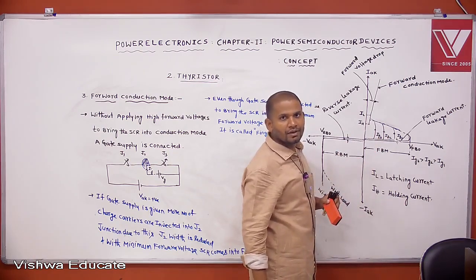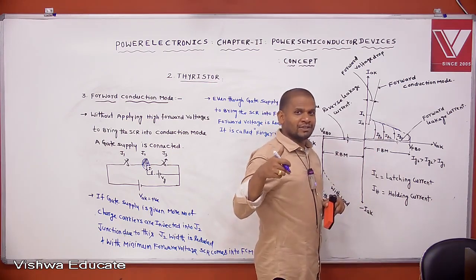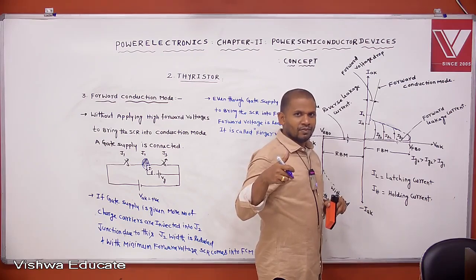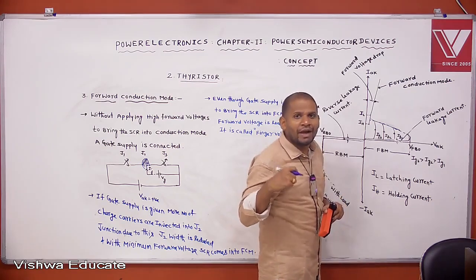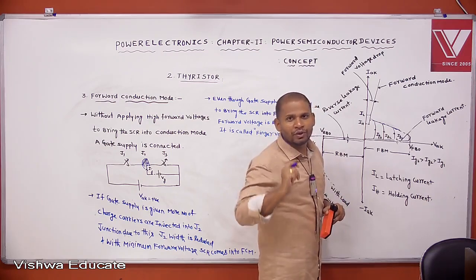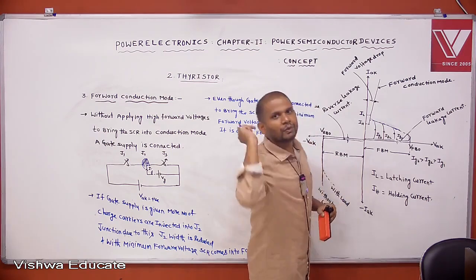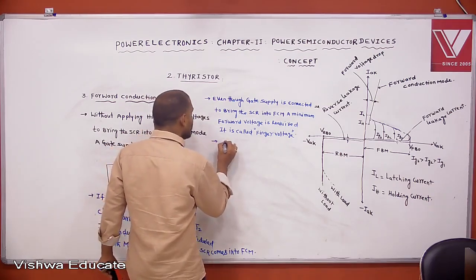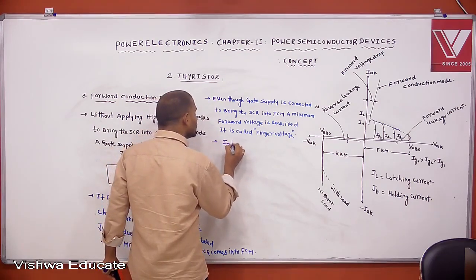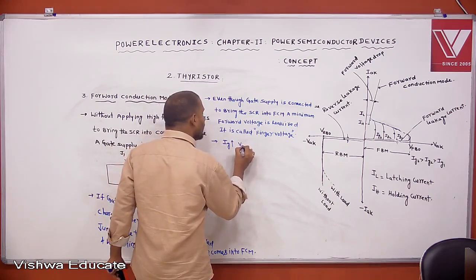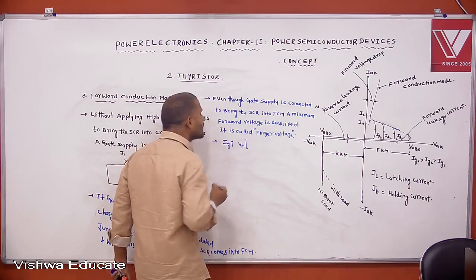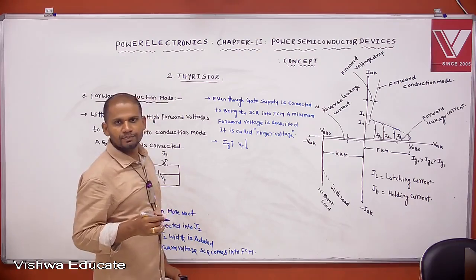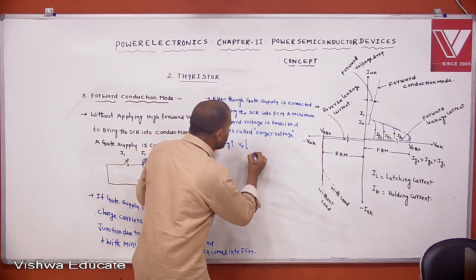That means, if the gate current is increased, the forward voltage required to bring the SCR into conduction mode is reduced. Therefore, the observation is, if the gate current is increased, the forward voltage required to bring the SCR into conduction mode is reduced.